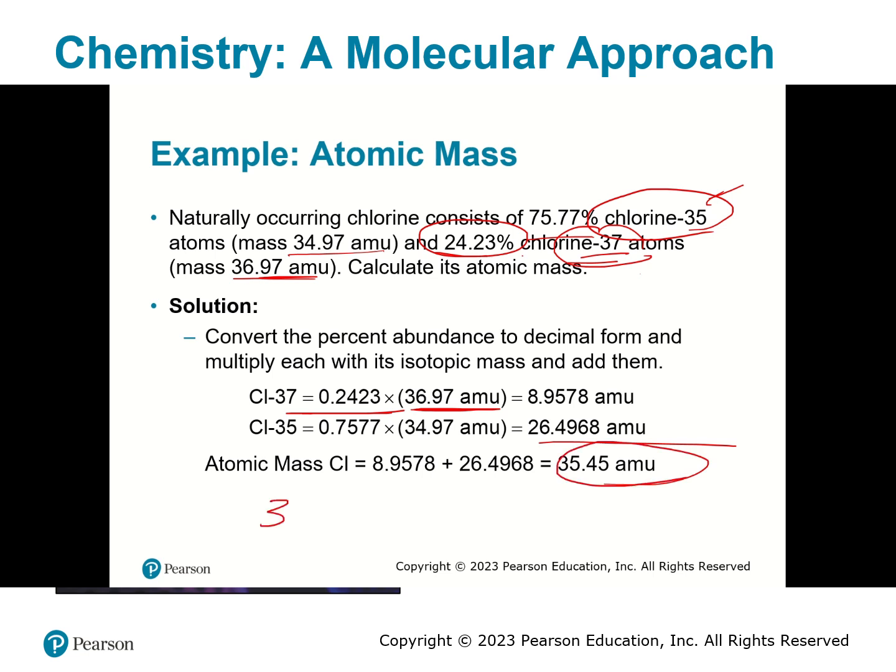You can never do 35 plus 37 divided by 2. That is a regular average, so this is not what you're going to do. You're going to do exactly what you do with a grade. For example, if I say to you that 60% is the exam and 40% is the assignment, even if you get 100% on your exam, you're going to multiply by 60%.